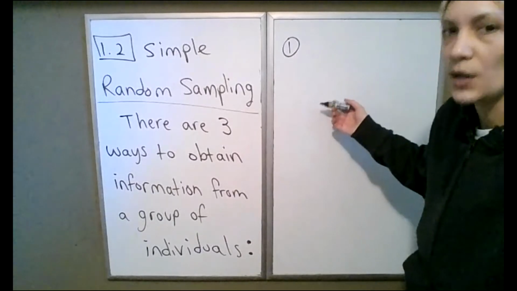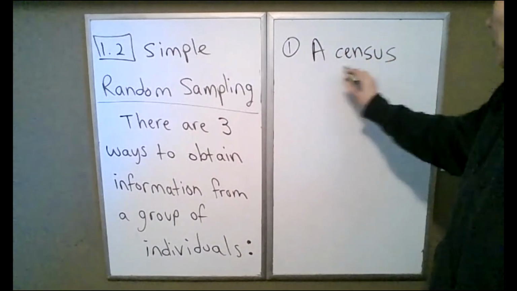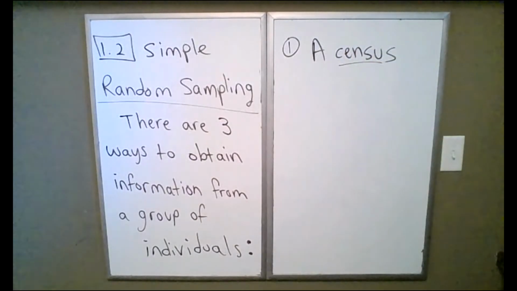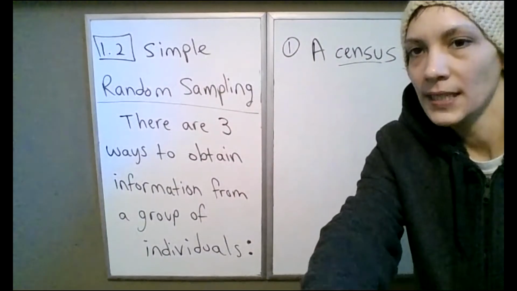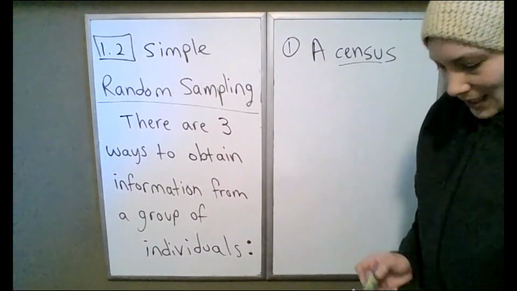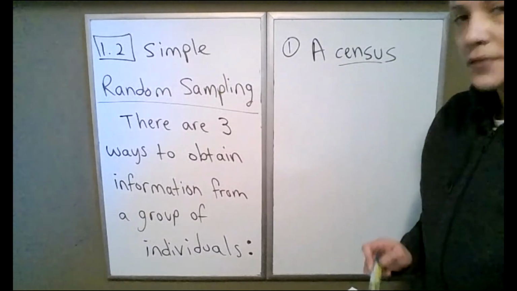Okay, first way is called a census. A census is a list of all of the individuals in a population, along with characteristics of each individual.